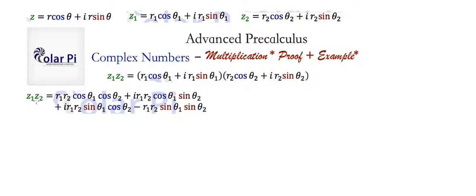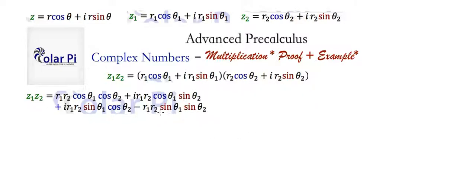Clearly, the real part of z1 times z2 is going to be made of this first term, giant term if you want to call it a term, and then this last term. Because multiplying i times r1 sine theta 1 with i times r2 sine theta 2, we get i squared, which is negative 1, and therefore the negative sign here. Otherwise we get r1, r2, and then sine theta 1, sine theta 2.